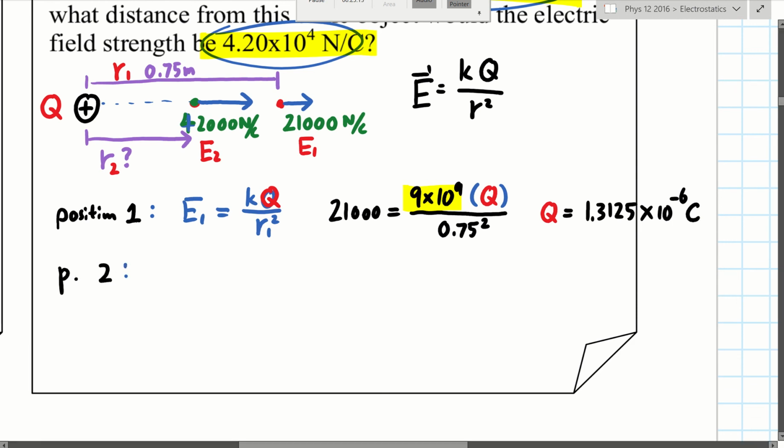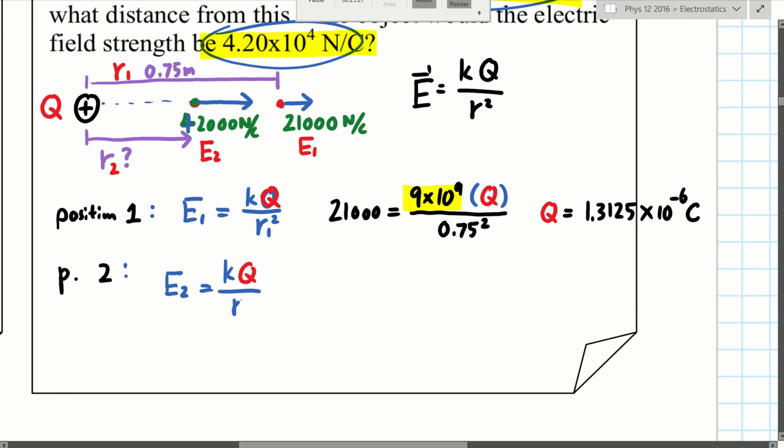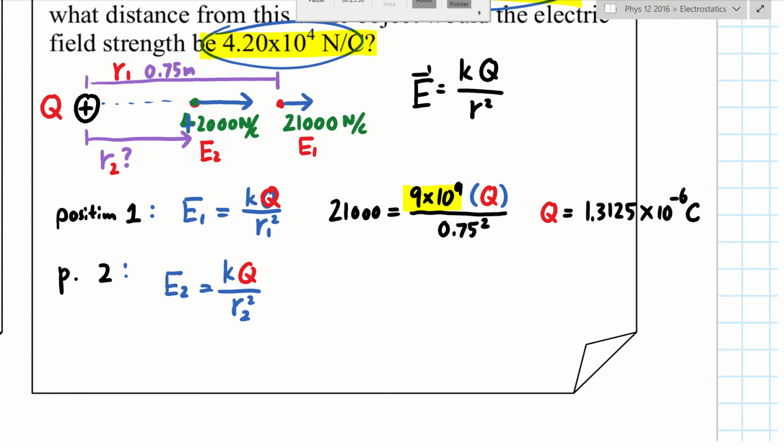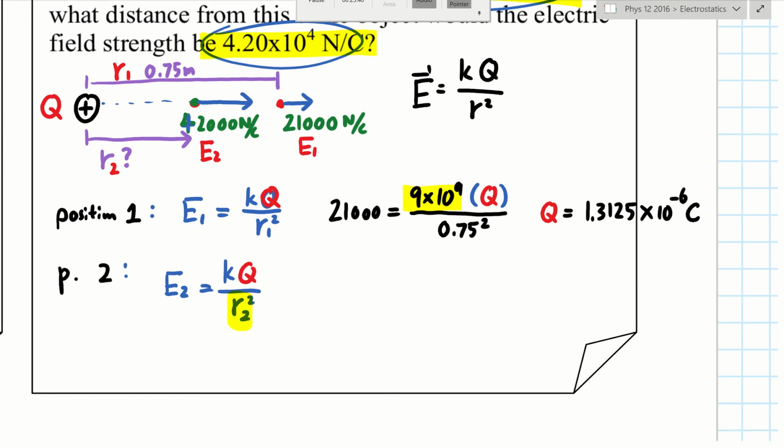In position 2, we have the new electric field, same K, same Q, different R, so this times R2 squared. Actually, we are looking for R2.